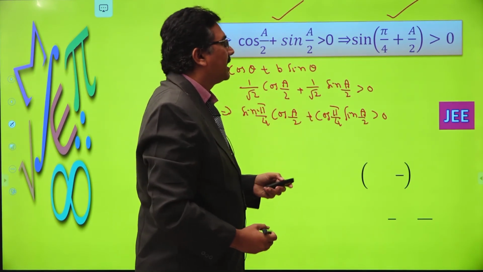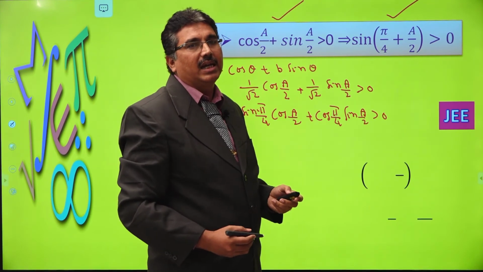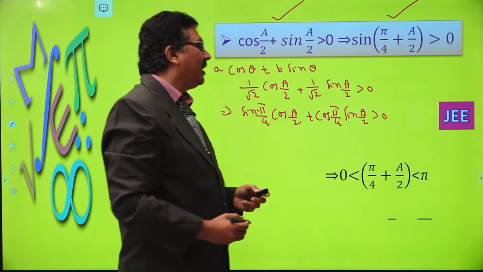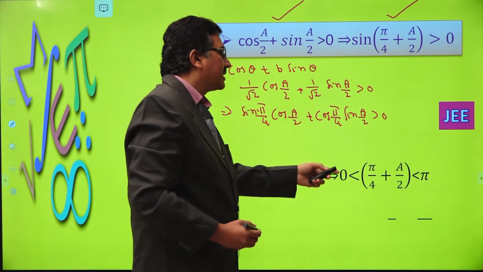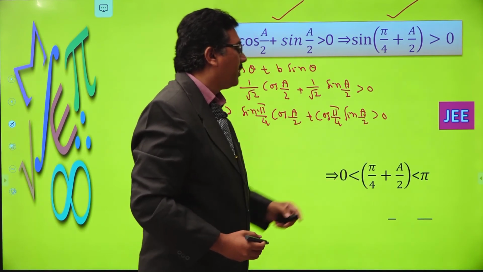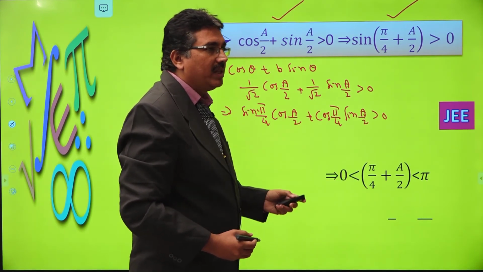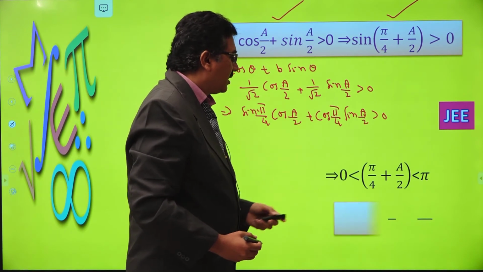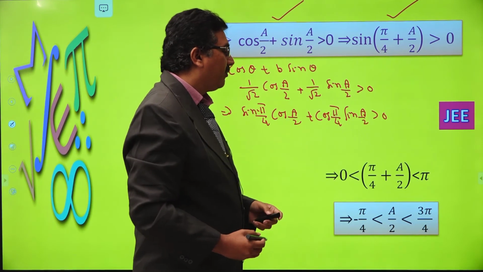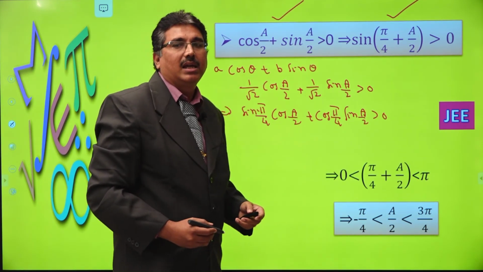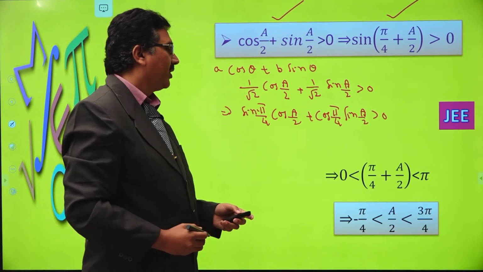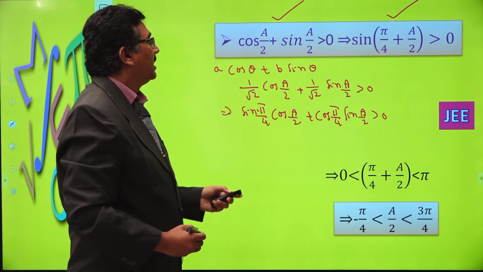Sin theta greater than 0, so theta lies between 0 and pi. 0 less than pi/4 plus a/2 less than pi. From this, the values of a/2 are minus pi/4 less than a/2 less than 3 pi/4.